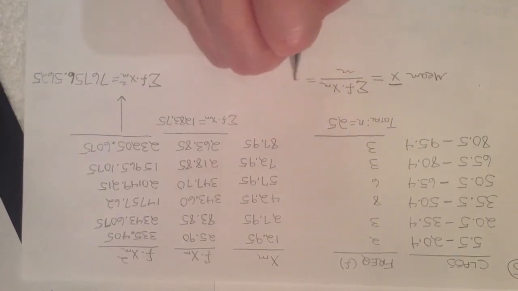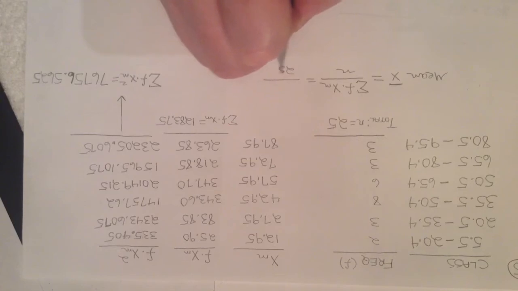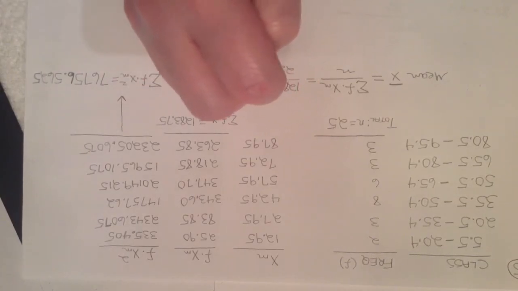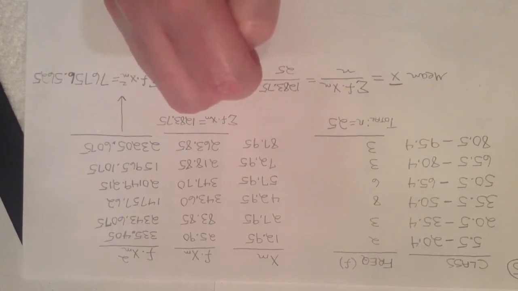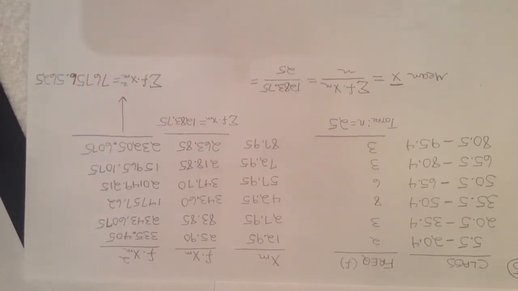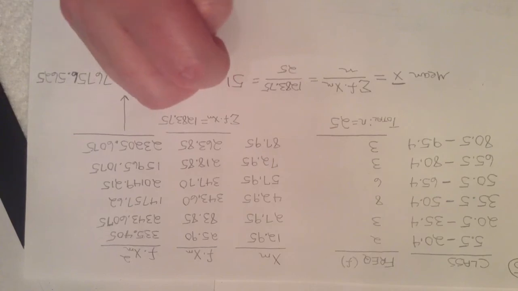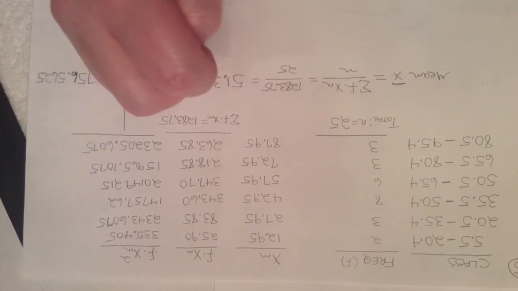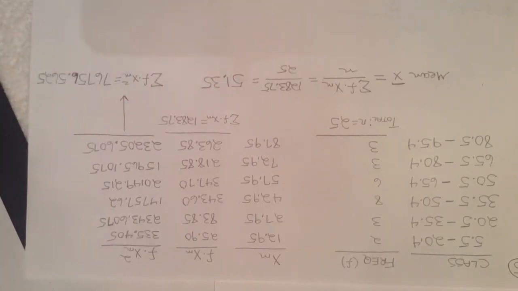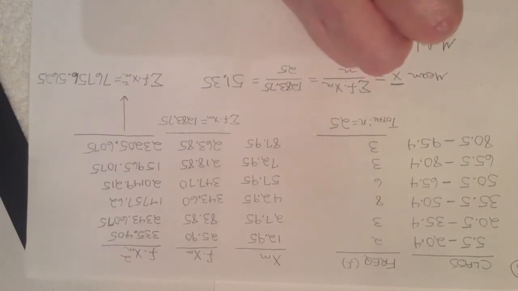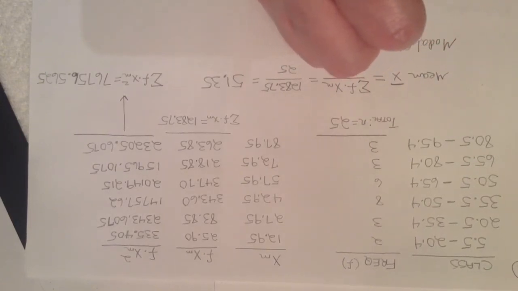In this case we have 25, so you have 1283.75 divided by 25, and so for the mean, it's going to be right at 51.35.